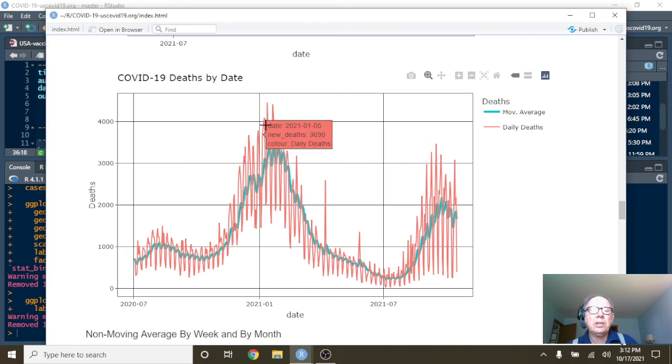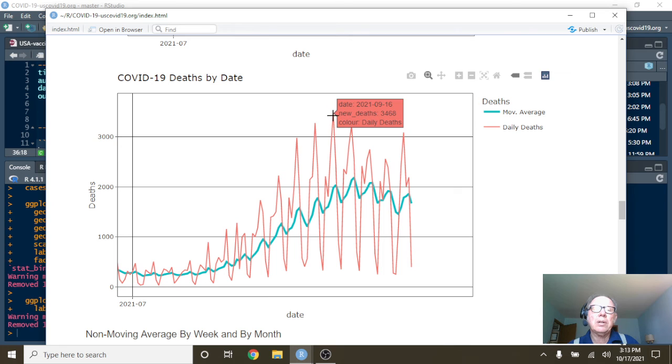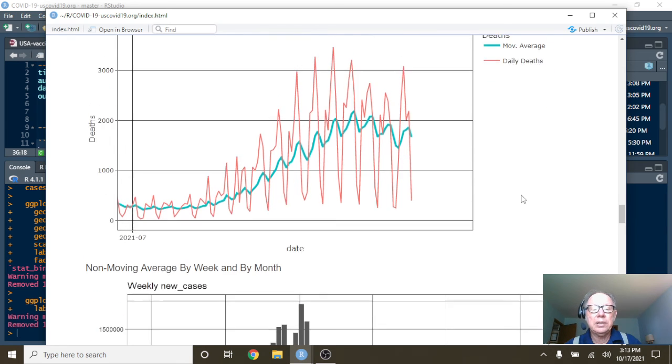Again, you can see this increase up here, and you get this long declining pattern in deaths, going from late winter to spring to midsummer. But up here on September 16th there's a second spike at 3,468 deaths for a single day. But back down here, the number has fallen to 399 deaths per day, with an average of 1,668 deaths per day.